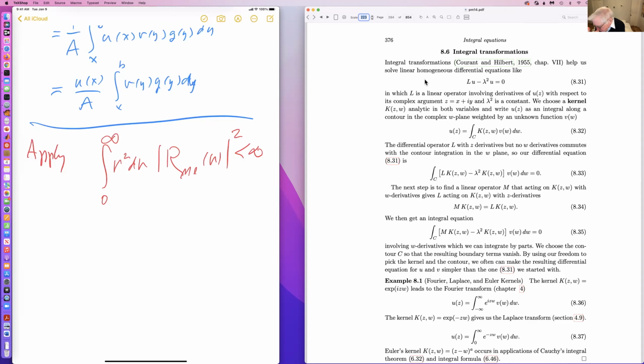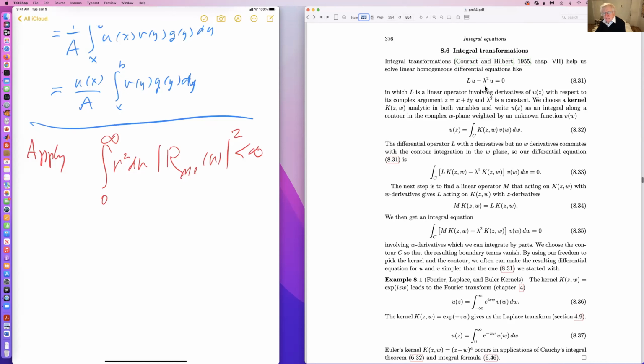It's the nonlinear problems that are really hard. Anyway, suppose it is a linear differential equation, homogeneous in this case, with an eigenvalue here: plus or minus λ squared is playing the role of an eigenvalue.